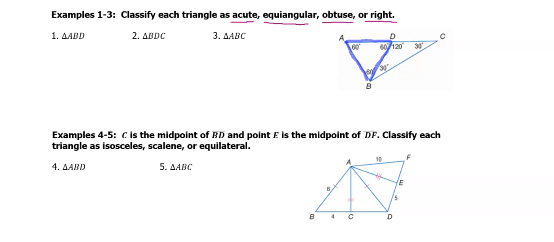I'm going to call this an equiangular triangle. And because it is also all less than 90, I could also call it acute as well.